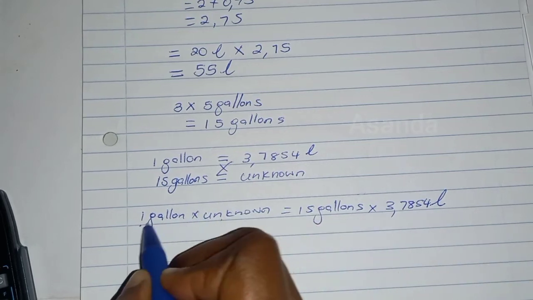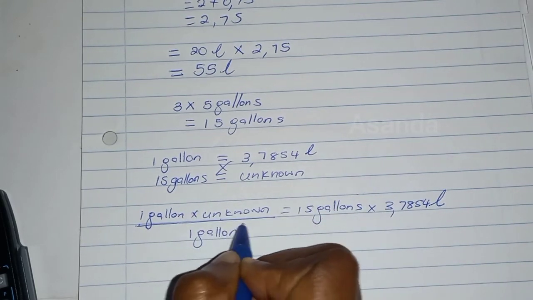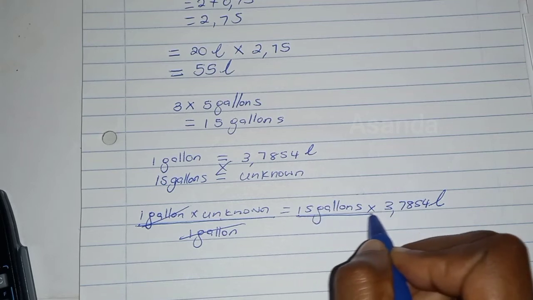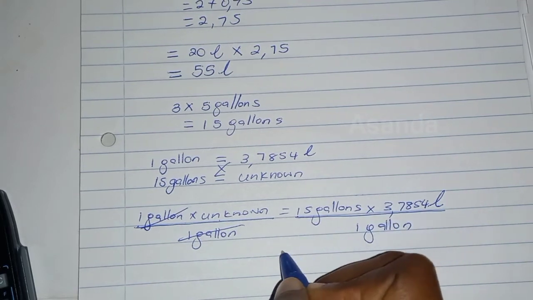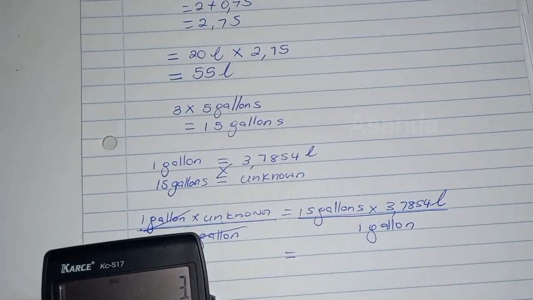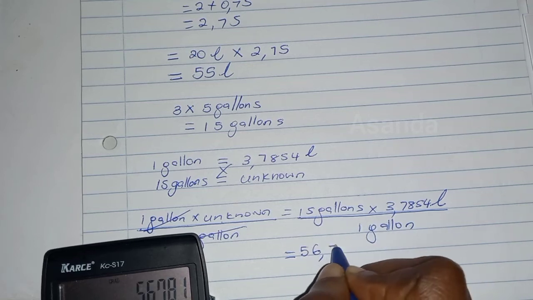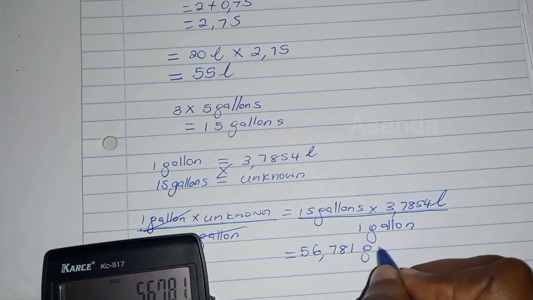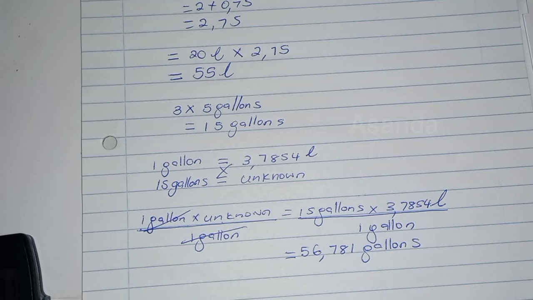Unknown is multiplying 1 gallon. That'll give me 56.781 liters, right?